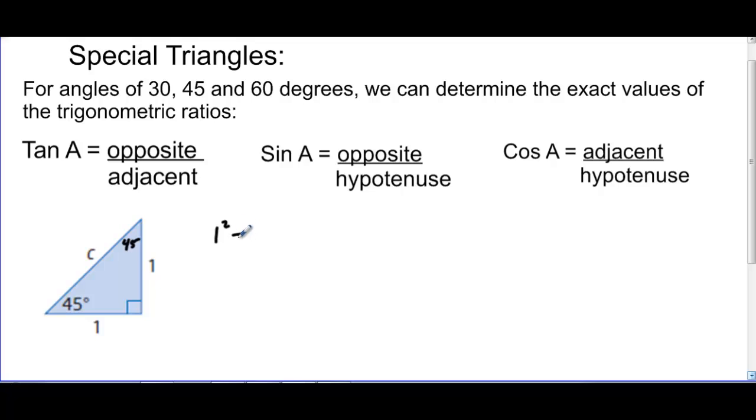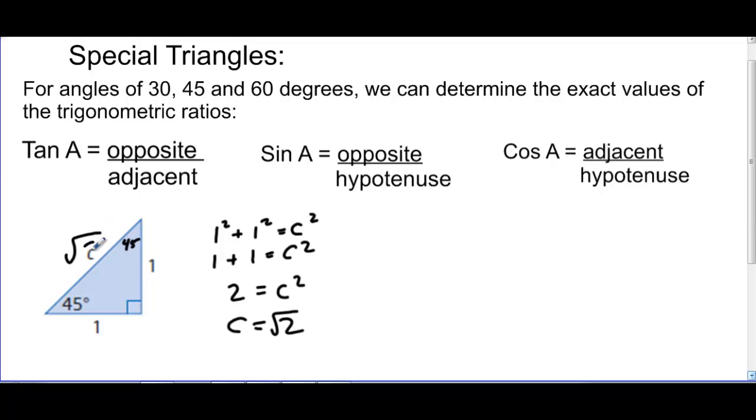So 1 squared plus 1 squared equals c squared, which means 1 plus 1 equals c squared, so 2 equals c squared, which gives us that c equals the square root of 2. So for every 45, 45, 90 degree triangle, we know that the ratio of the sides is 1 to 1 to root 2. Now knowing this, we can get the exact value of our trig ratios.